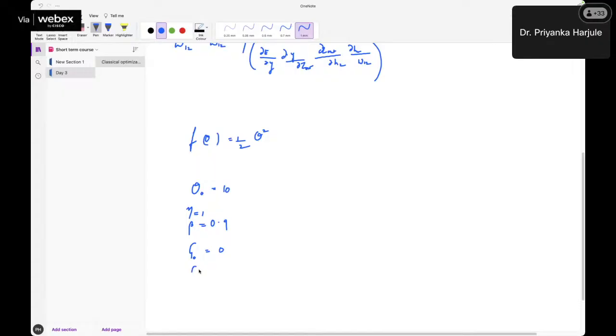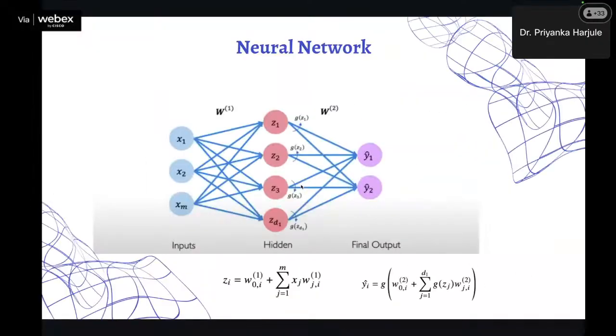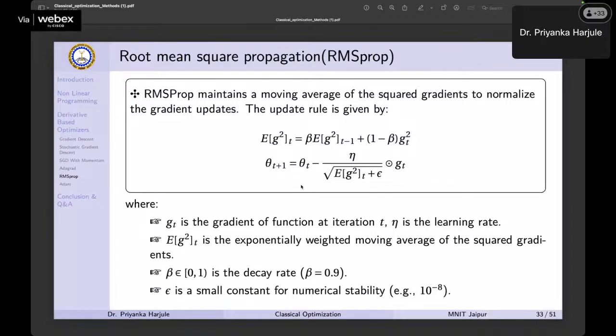And for now you can take epsilon to be very, very small, or you can do the manual calculation in both the optimizers, and you can see that the update with RMS prop is more consistent and it is converging faster to the minima as compared to that of AdaGrad.